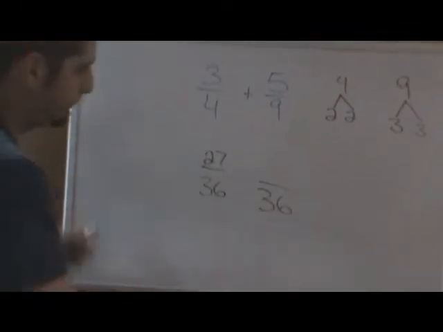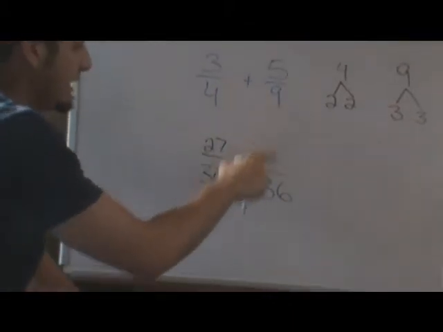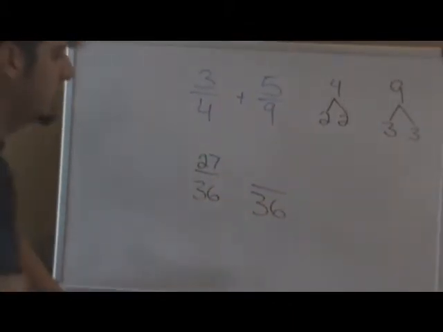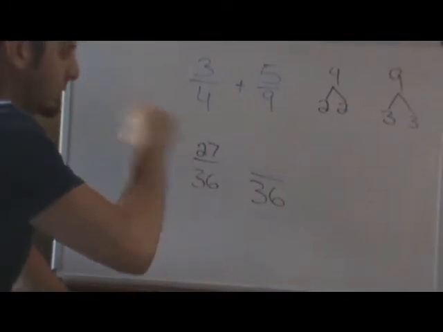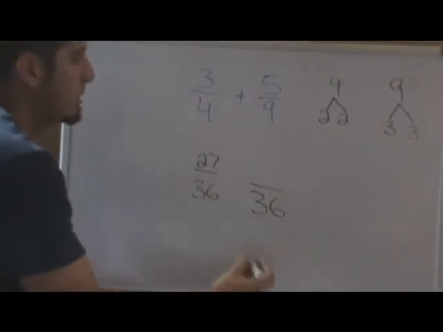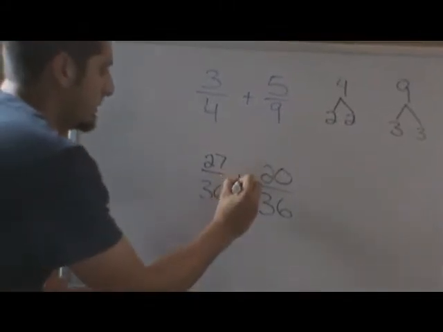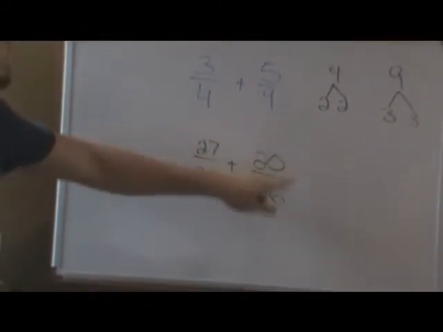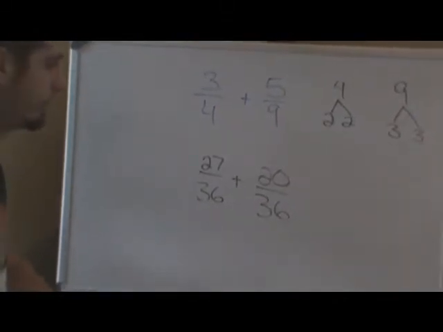So now, I'm going to take a look at 5/9. To get from 9 to 36, I did 9 times 4. So to get my new numerator, I have to also do 5 times 4. I have to multiply top and bottom by the same number. At this point, we have two fractions that have common denominators.